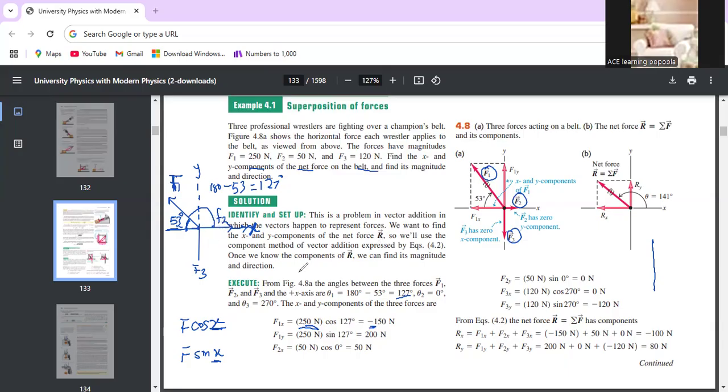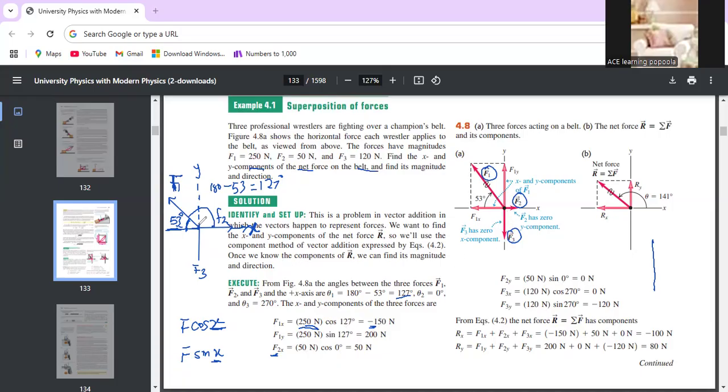There's no angle, so theta is going to be 0. So for the second vector F2, the horizontal component is going to be F, which is 50, cos 0. Also in the y direction it is going to be F sine 0.